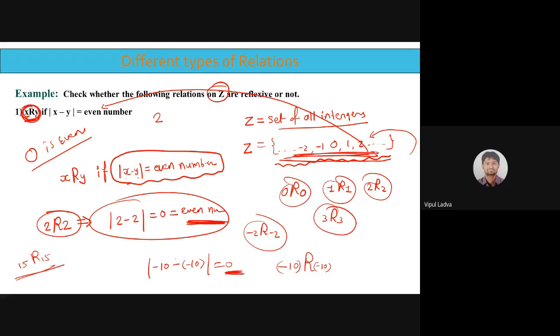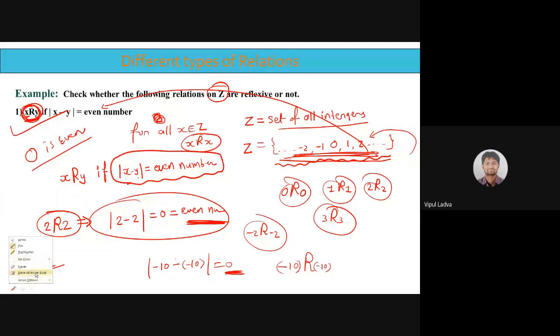So you may conclude for all x belongs to Z, x is in relation with x, and as per the definition of reflexive relation, we may conclude this first relation is reflexive.